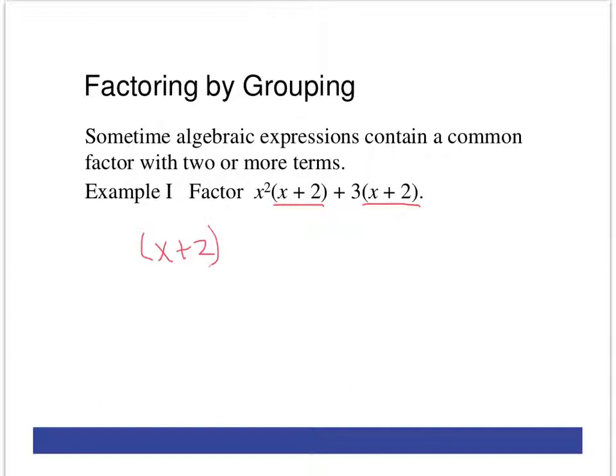It'd be like if we took that out of both of them. And then what's left, we can put in a different set of parentheses, which is x squared plus 3. And if you FOIL that back, you would come back to that. So the prime factorization is x plus 2 times x squared plus 3.